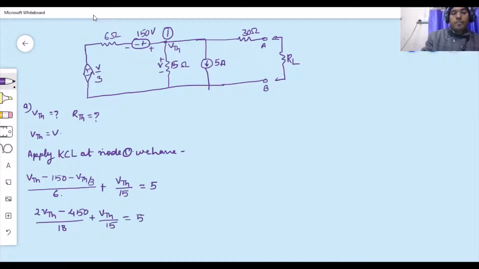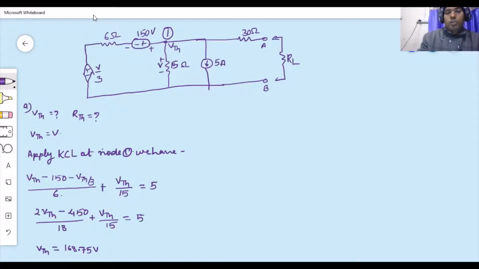Now, by simplifying this equation, we have VTH equals to 168.75 volt. Just calculate using calculator, you can find it easily. Just simplify this equation and you have VTH equals to 168.75 volt.